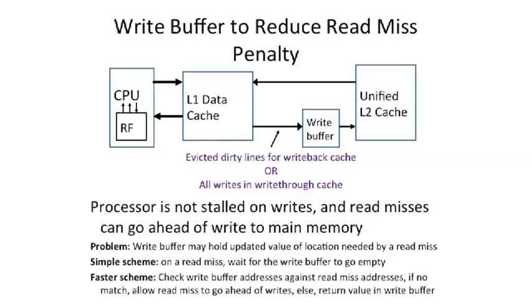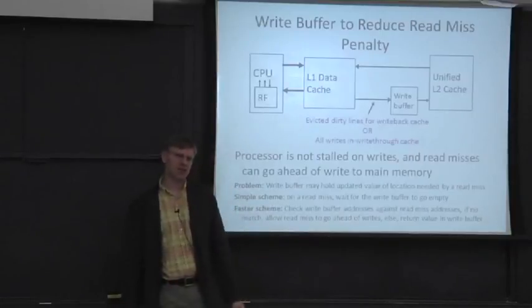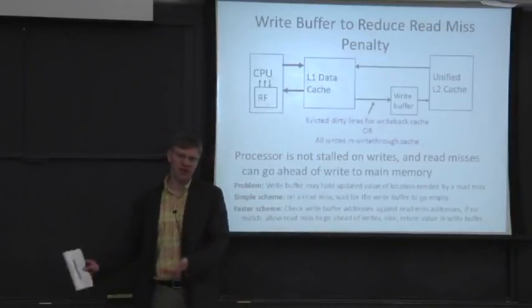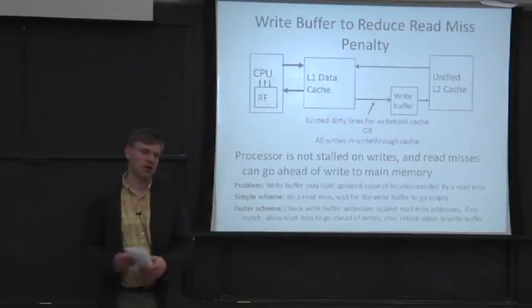So here we have our CPU, L1 data cache, and our next level of cache, we'll say the L2 cache or maybe main memory. There's something in this cache at a particular line, and it's dirty in the cache. So the dirty bit is set. It has state we cannot throw out. We do a read, and it aliases that same location, and we need to evict that line or create a victim.